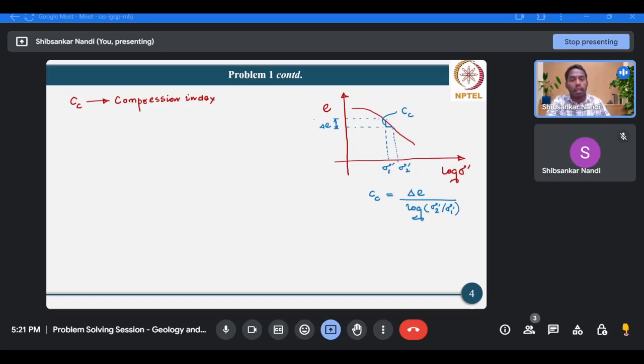where delta E, suppose this is your E2 and this is your E1, so E2 minus E1.